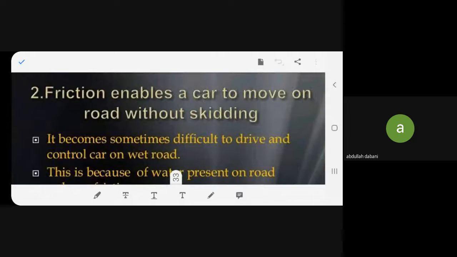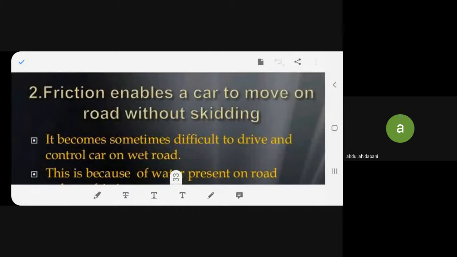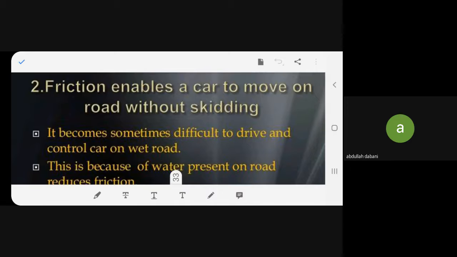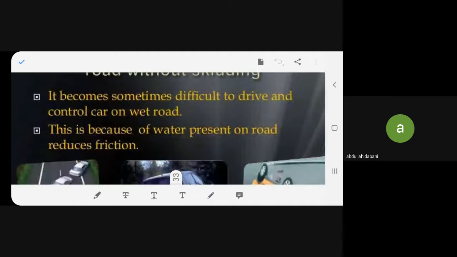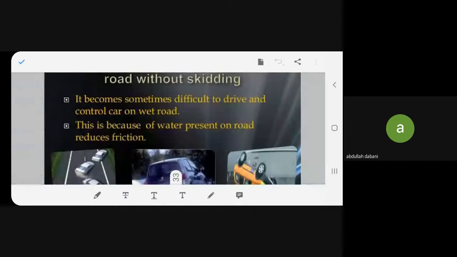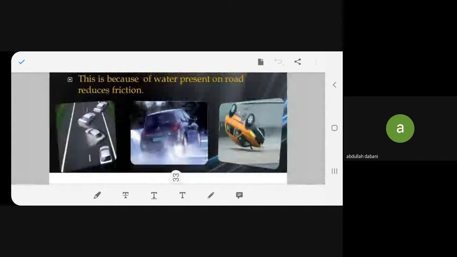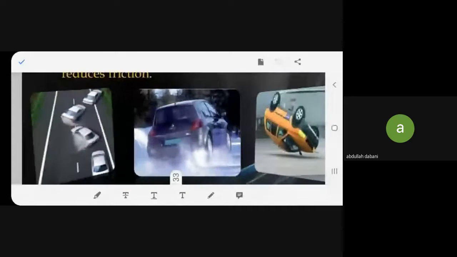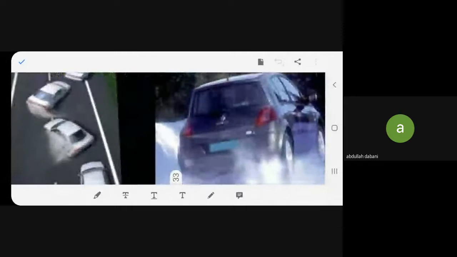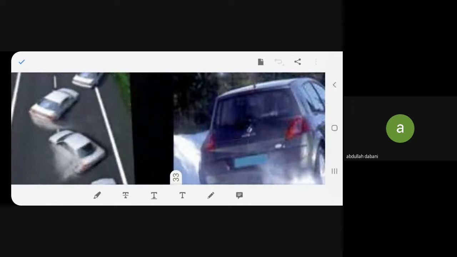Second, friction enables a car to move on road without skidding. It becomes sometimes difficult to drive and control a car on a wet road. This is because water present on the road reduces friction. You can see over here accidents happening. It's very difficult when the car is at very high speed.